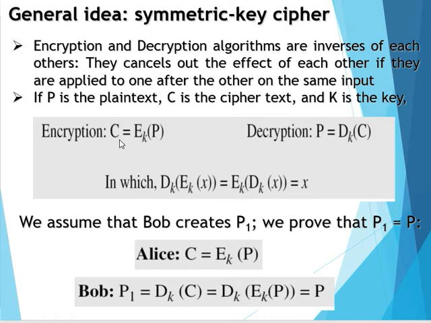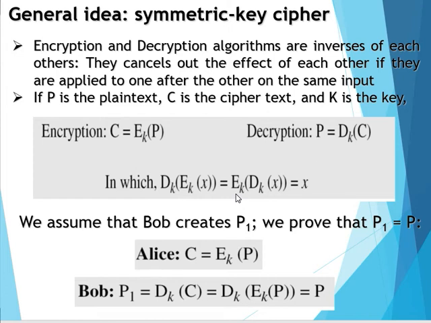The formula for the ciphertext is C = E_K(P), and for the plaintext we get P = D_K(C), in which D_K(E_K(x)) = E_K(D_K(x)) = x.